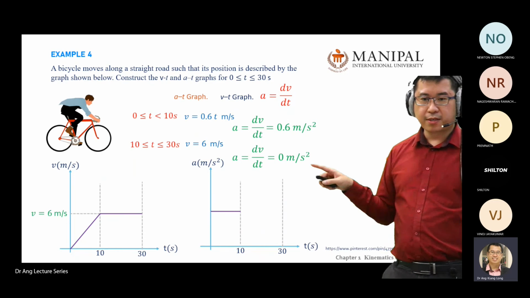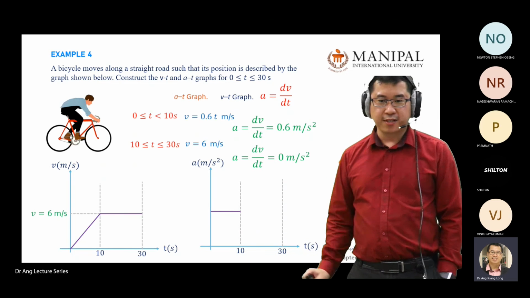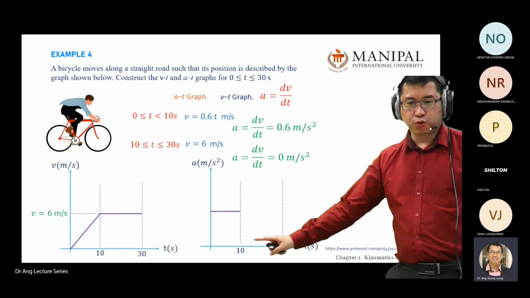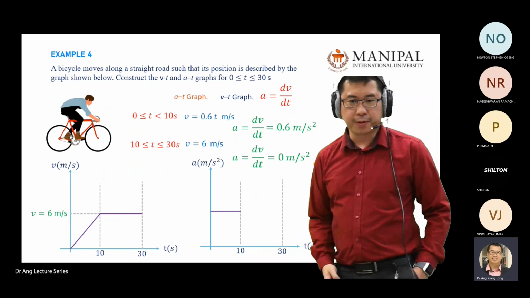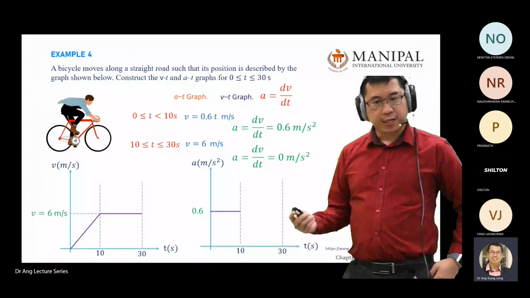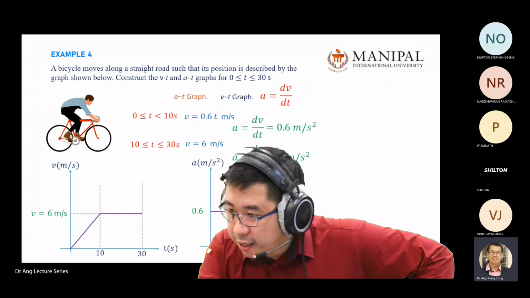But if this question comes out and you forget to draw also, I give you marks because 0 is 0. If you draw the line also, I give you marks. So this is how we mark your paper. Okay, 0.6. All right, so we stop here and stop the recording.